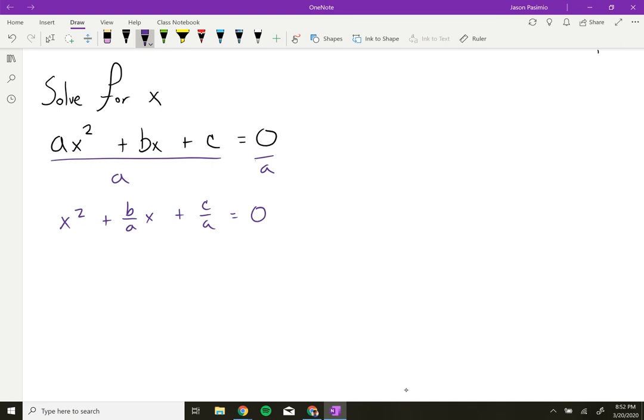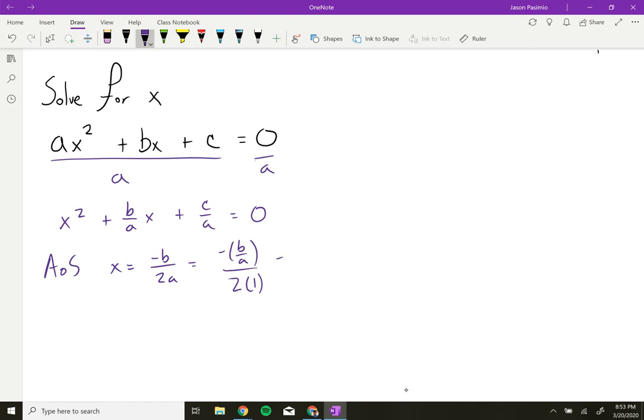Next, I want to find the axis of symmetry, which is x equals negative b over 2a. And this one's going to look ugly. It's going to be negative b over a over 2 times 1.